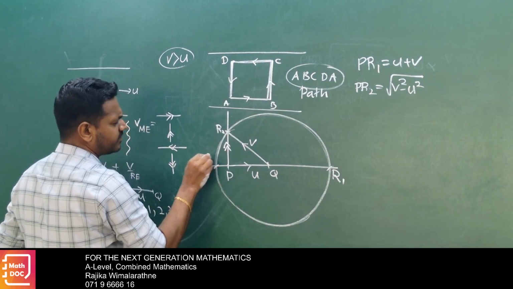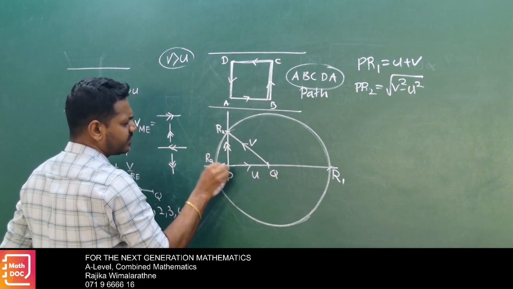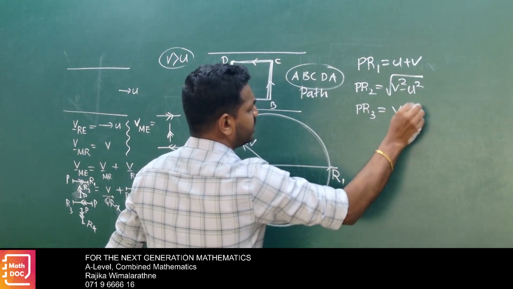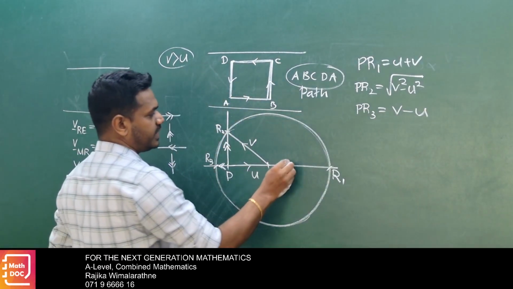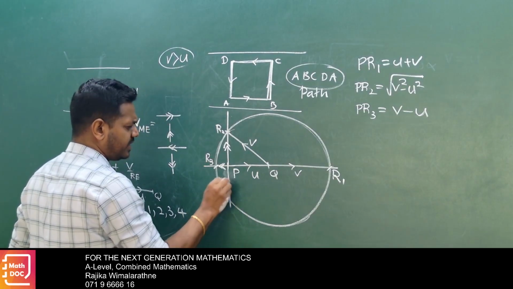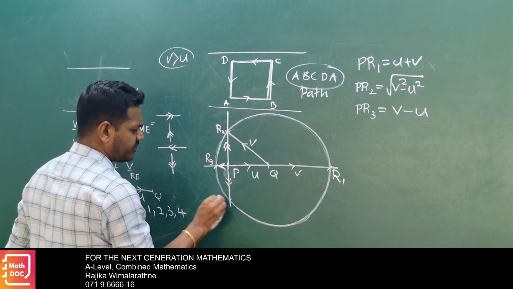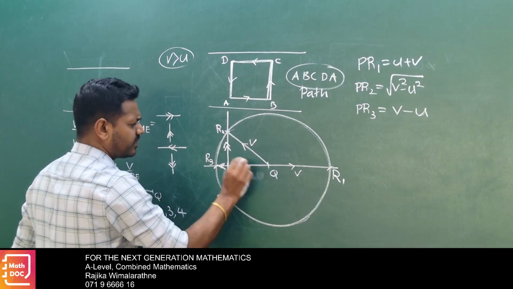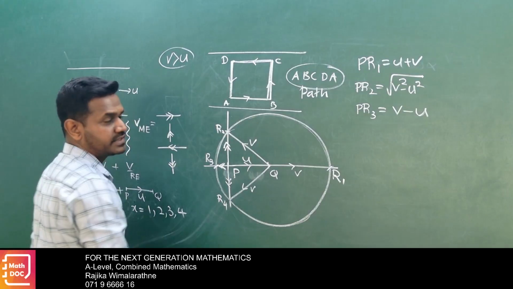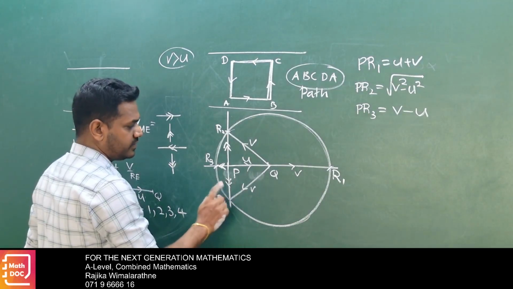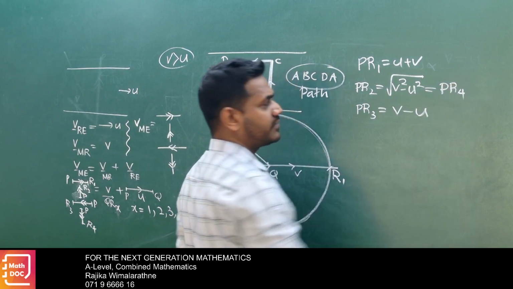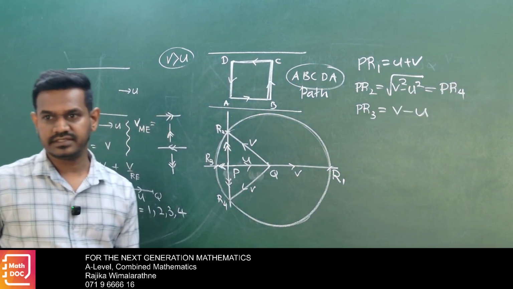This will be R3. Then PR3 is V minus U, no? Here V, U, V minus U. Then PR4, here it is. PR4 and PR2 are both the same, no? Here U, V, no? Then PR2 and PR4 same. Likewise, we can do everything at once.